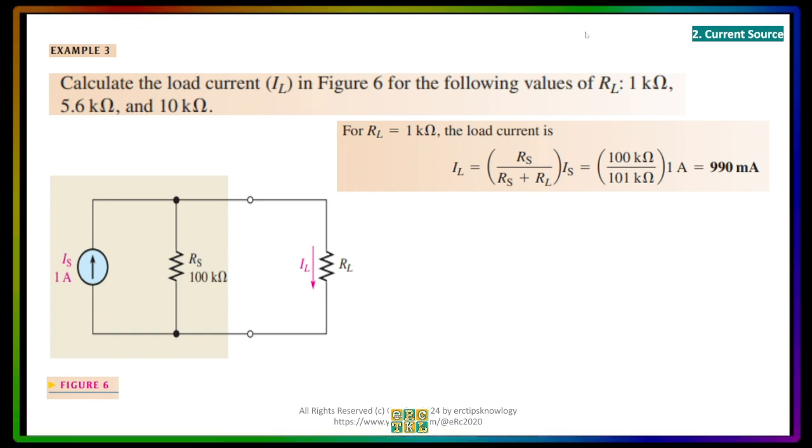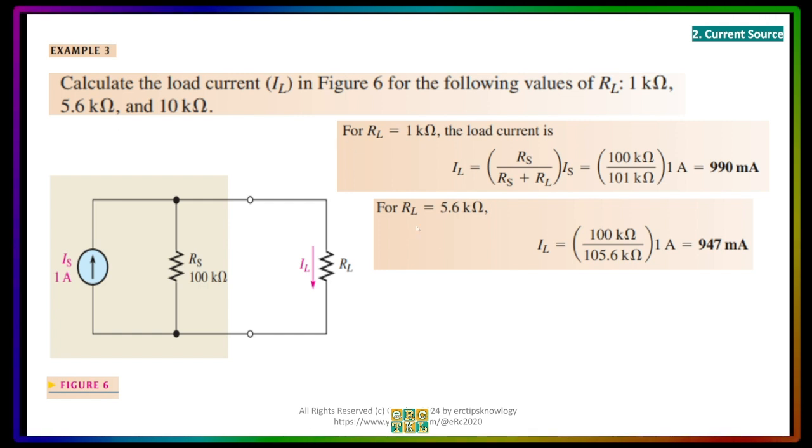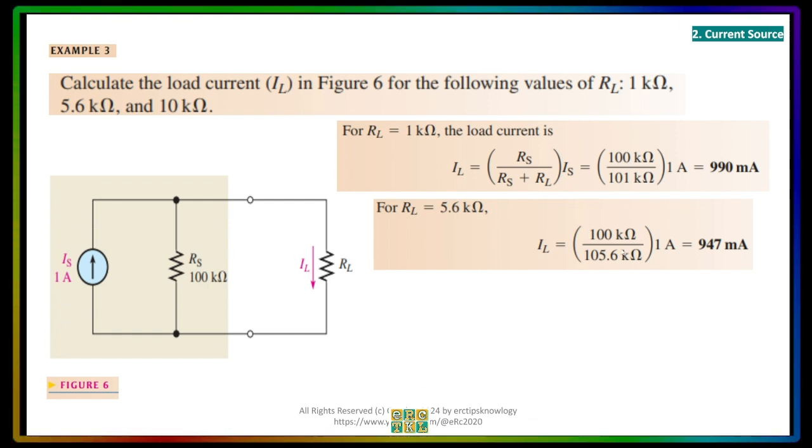Correct? Now, if we change the value of RL to a higher resistance of 5.6 kilo ohms, and we calculate for the IL again, we will be getting only 947 milliamperes, which is 0.947 amperes. Now, 0.947 is less than 1 ampere by how much?